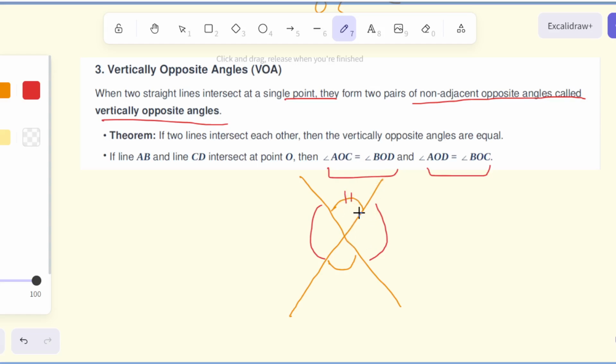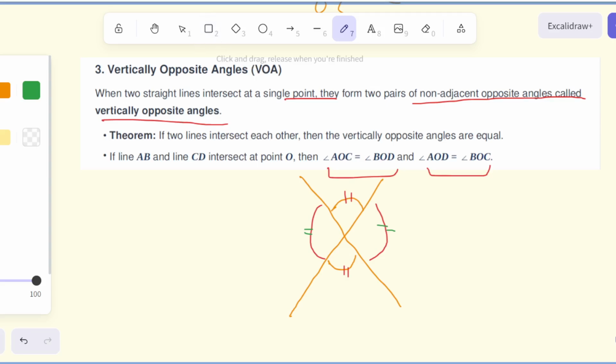So these two are equal to each other, and these two are equal to each other. So vertically opposite angles are formed by two lines when they intersect. Correct.